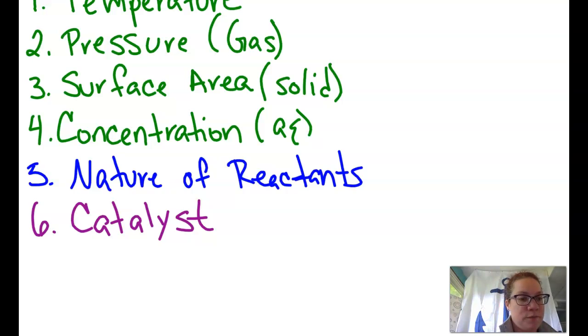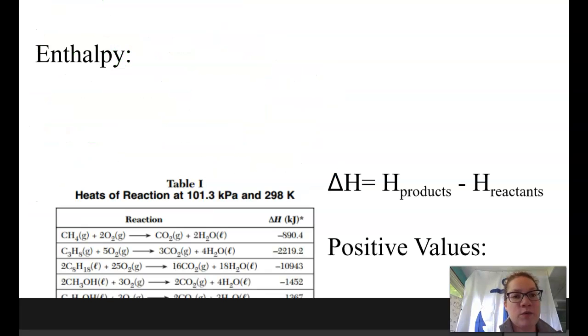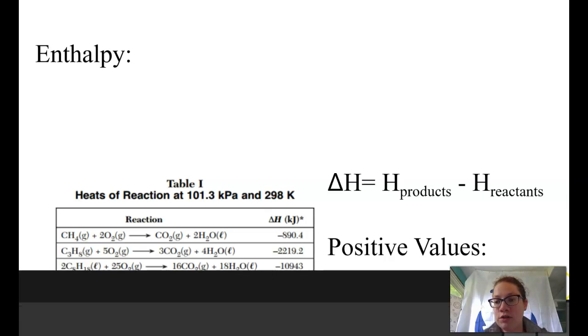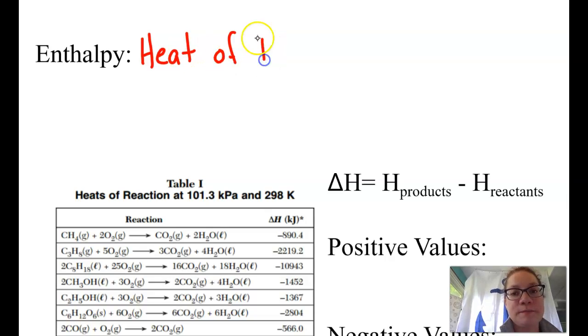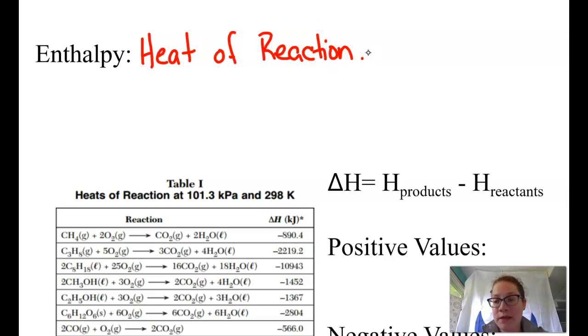All right. So moving on, the next thing we're going to talk about is a term called enthalpy. Enthalpy is also known as the heat of reaction. So enthalpy is also called the heat of the reaction.